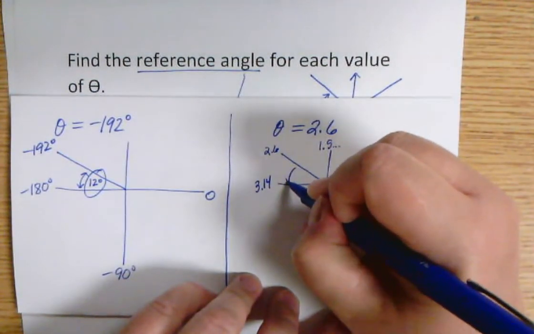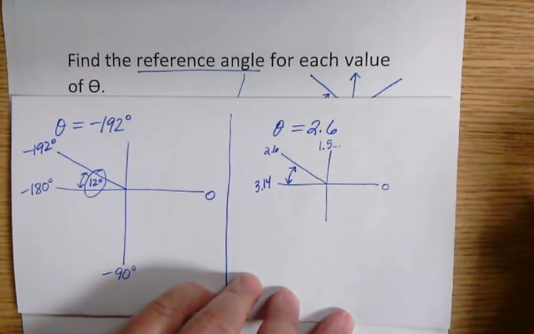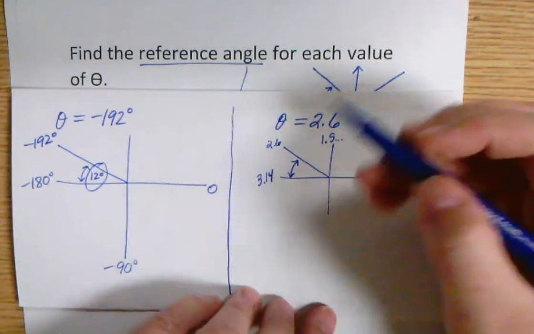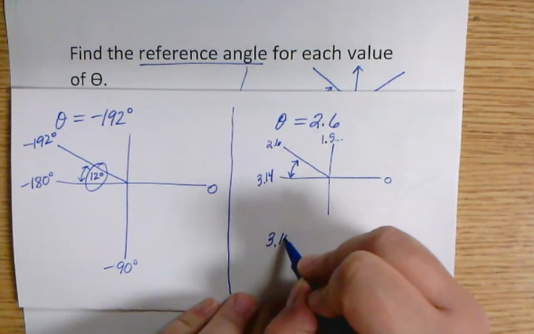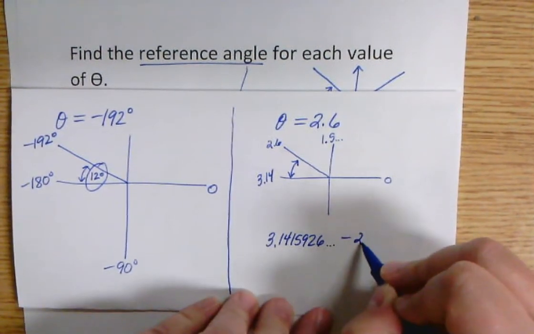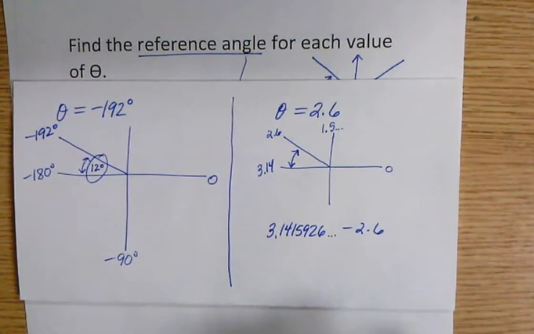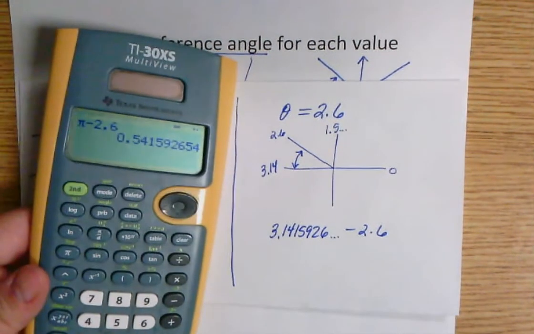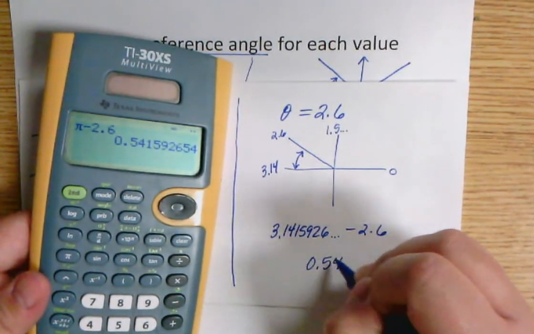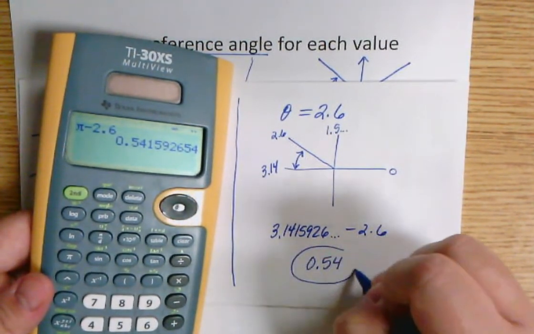Then we know where the closest x-axis is, and we can subtract to figure out how far we are away from that. So I'm subtracting 3.1415926, etc., pi, minus 2.6. I would probably round to the hundredths, and I get 0.54.